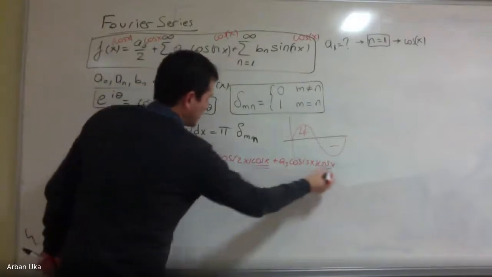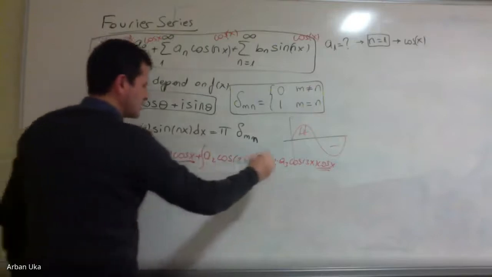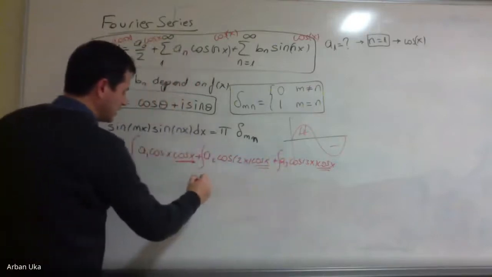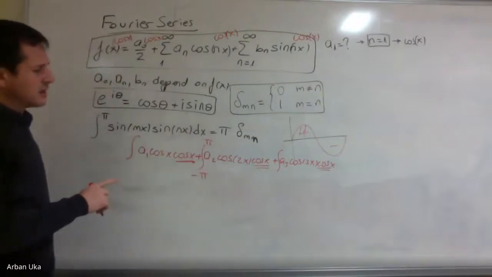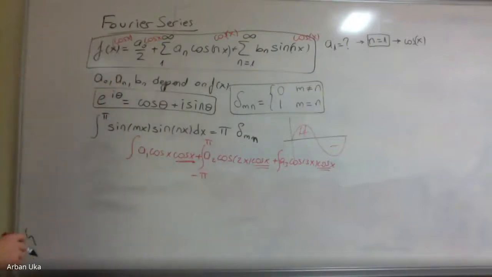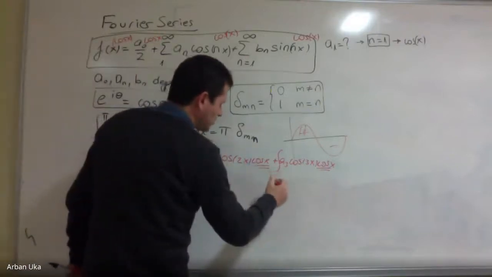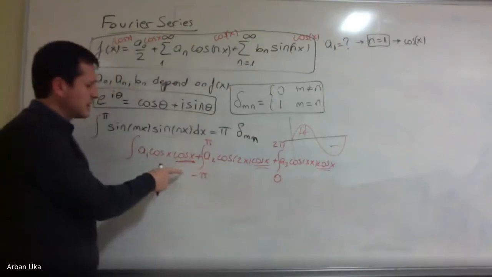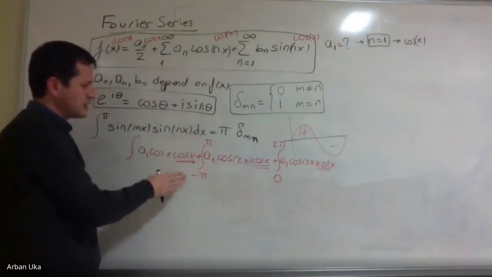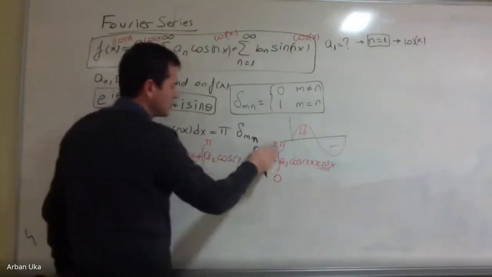Okay? But once we multiply with this factor, and then we integrate all of these, we should not forget that the integral is from minus pi to pi. And in fact, for this integral from minus pi to pi, the important thing is the complete range. You might see this one also like this, from 0 to 2 pi. It's not that we're going to integrate in the same expression from both domains, but it could either be from minus pi to pi or from 0 to 2 pi.